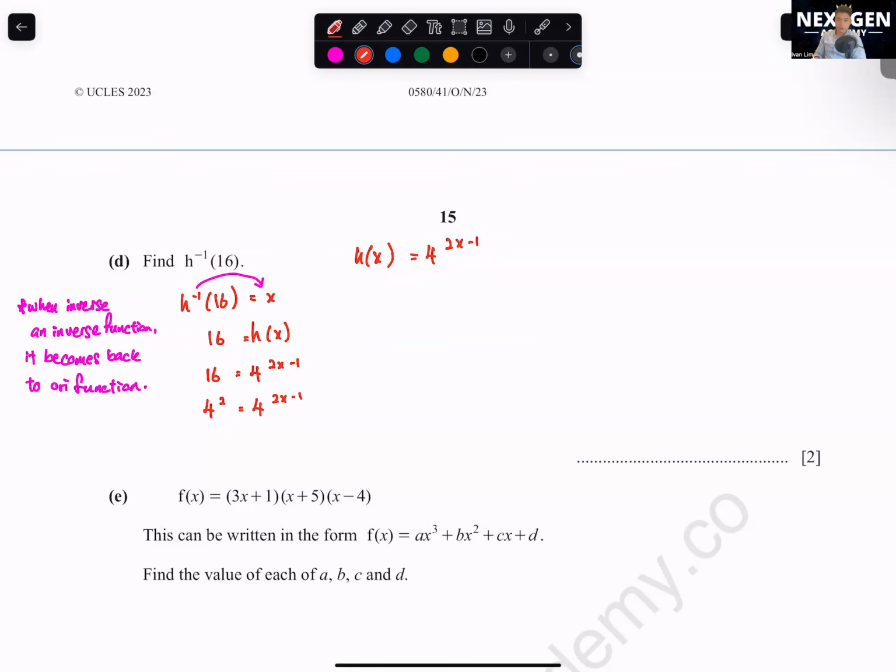Once I get both the same base, I compare the power. So 2 equals 2x minus 1. When you solve this, you will get 3 equals 2x, x is 3 over 2, or 1.5.